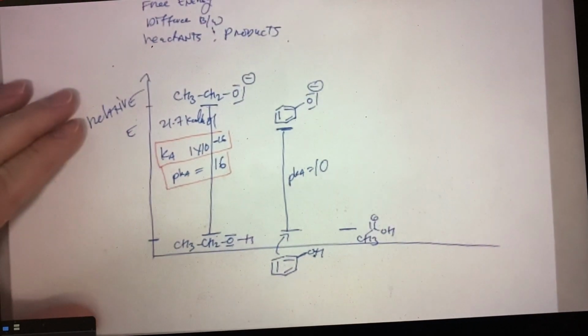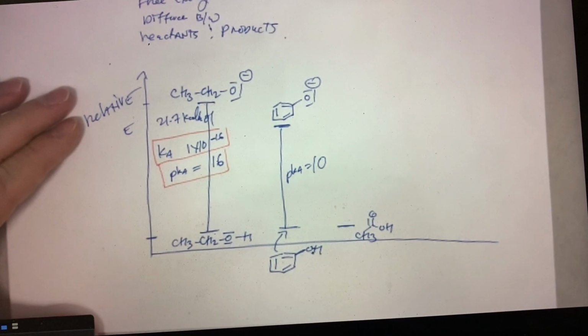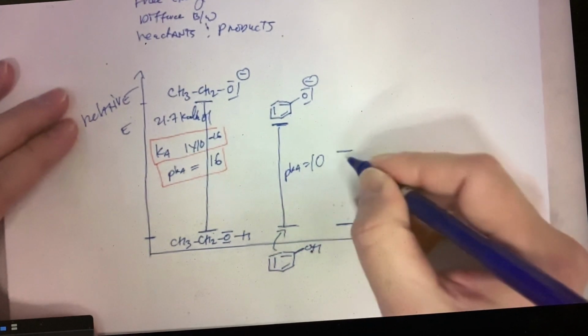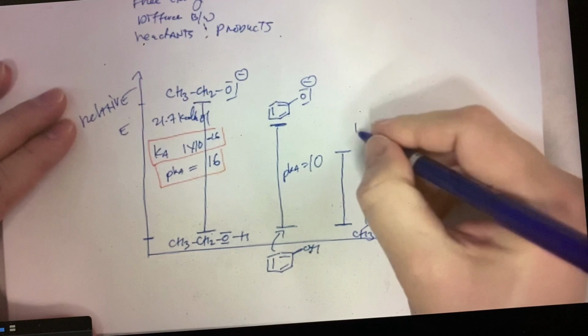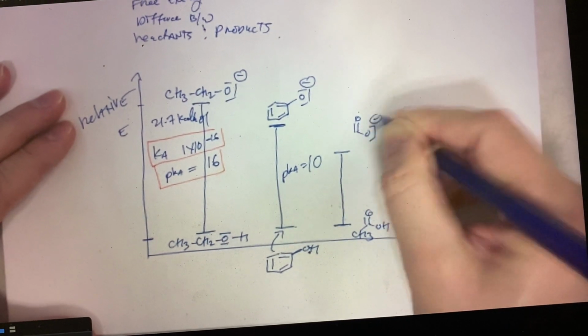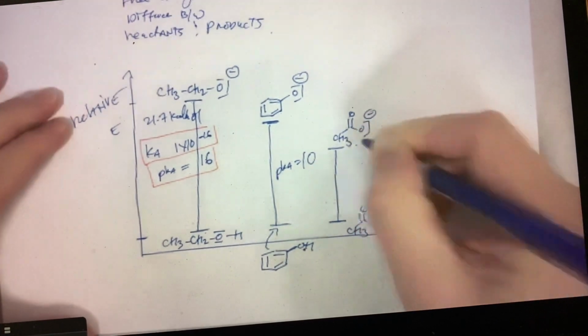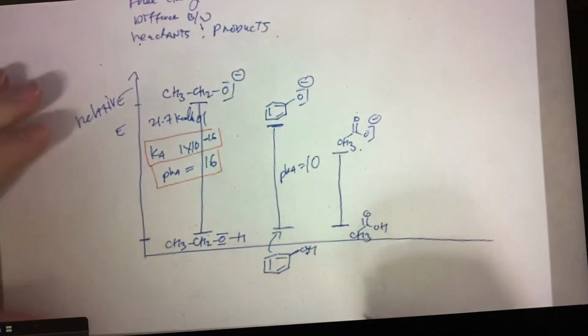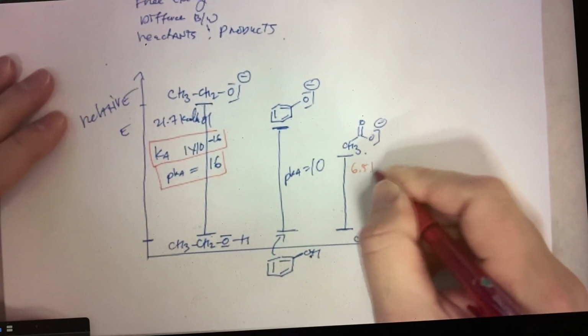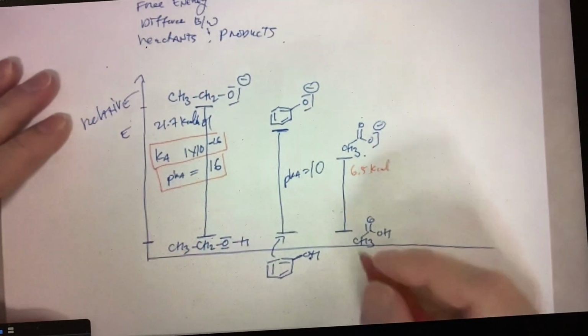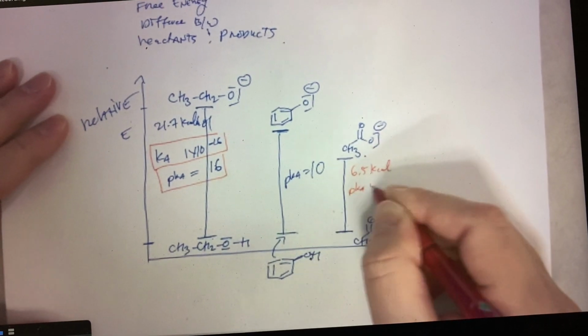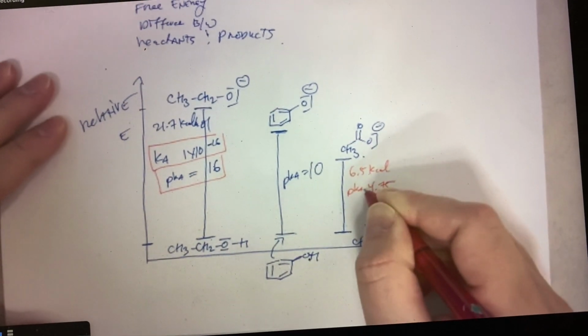Acetic acid on our relative energy curve looks something like this. Let's just draw its conjugate base up here. It's acetate. This particular energy gap turns out to be 6.5 kcals. After some calculations, this gets us to a pKa of 4.75.